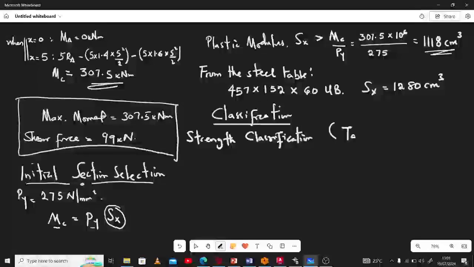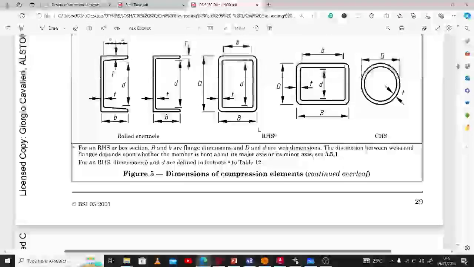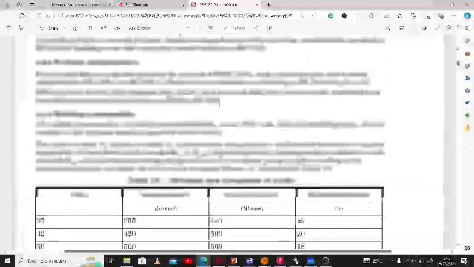You find table 9 from your BS 5950, and this table speaks of the strength. Yes, the strength. So let's look for the table. It will be useful for us in our venture going forward.